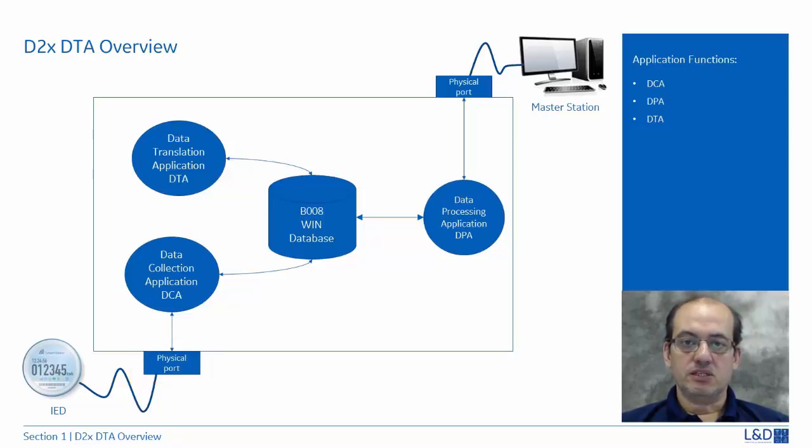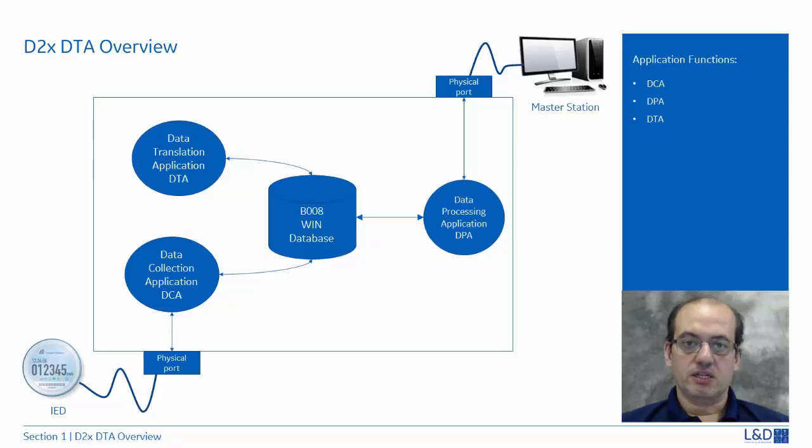There is an application that's constantly monitoring that port for information that is of interest, which is the data collection application family of protocols. So it could be either a DNP data collection application, or a Modbus data collection application, or a 101 data collection application.